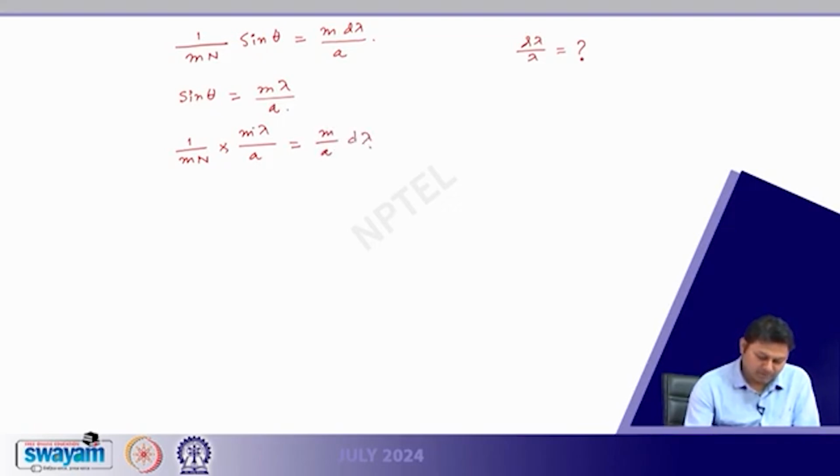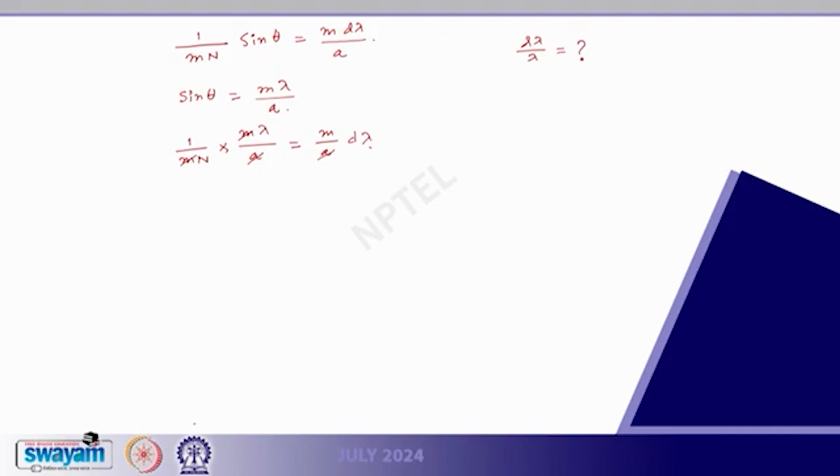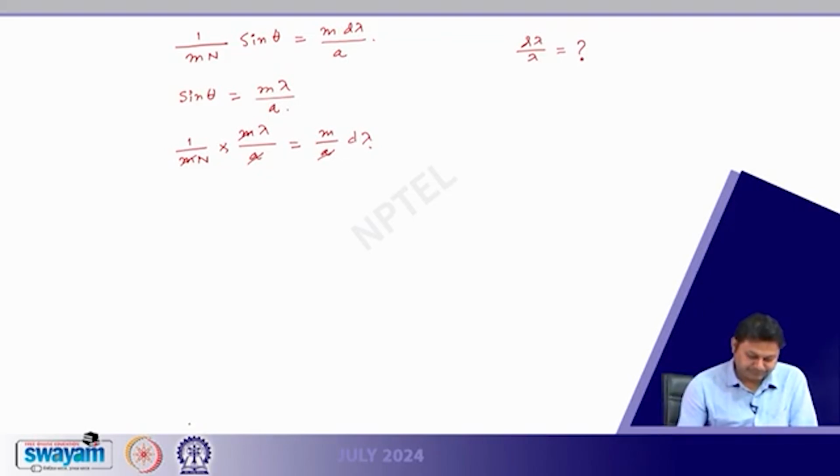So, this m will cancel out, a will cancel out. So, we have d lambda by lambda.